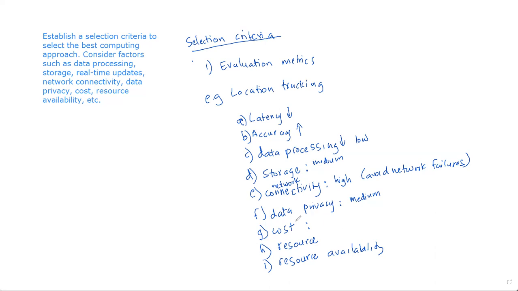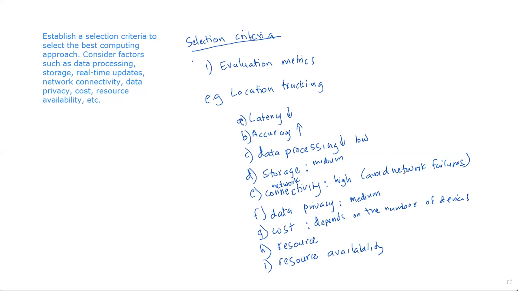And then the cost of implementation. The cost of implementation of the technology depends on the number of devices connected to the network, right? If there is a high number of devices connected to the network, we can tell that a certain type of computing has a high cost.